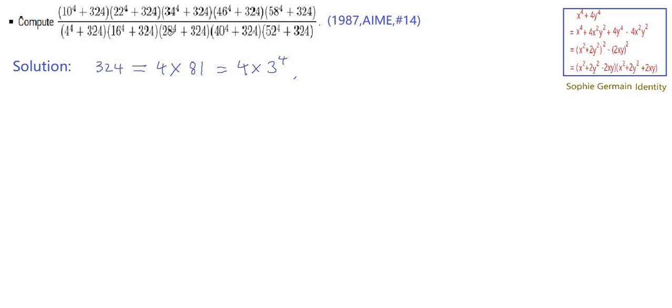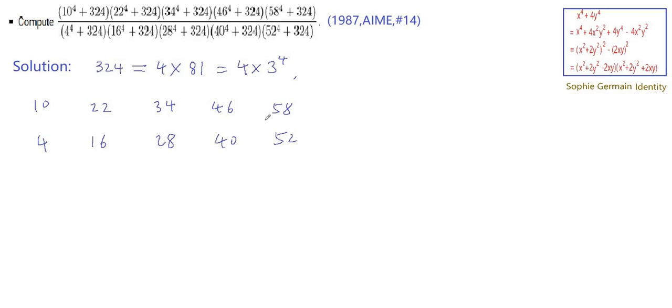And look at the upper side and the downside. The upper side is 10, 22, 34, 46, 58. And the downside we have 4, 16, 28, 40, 52.